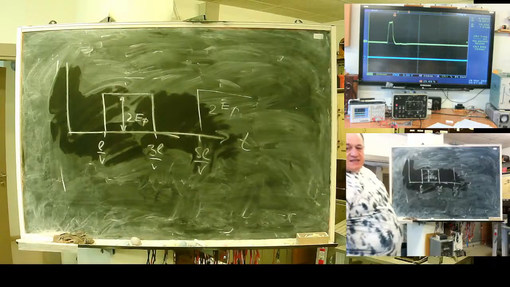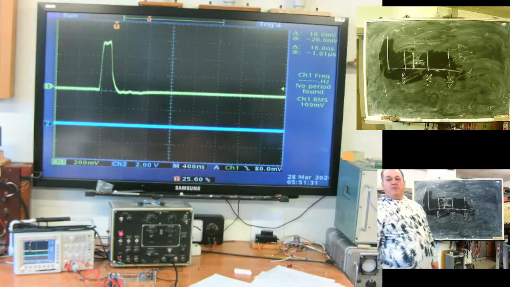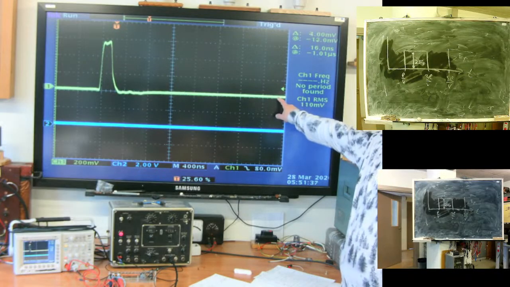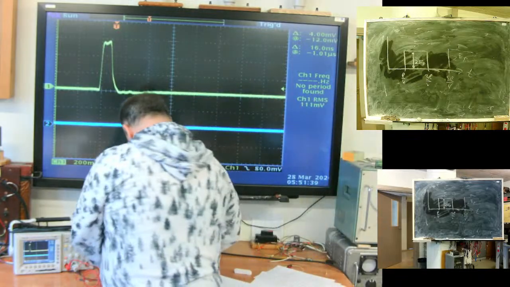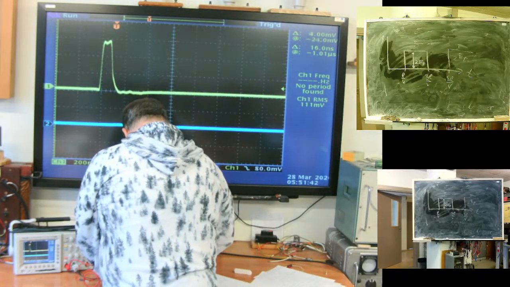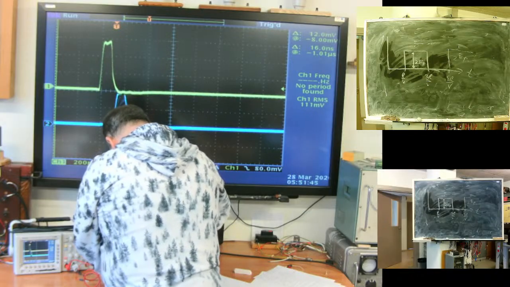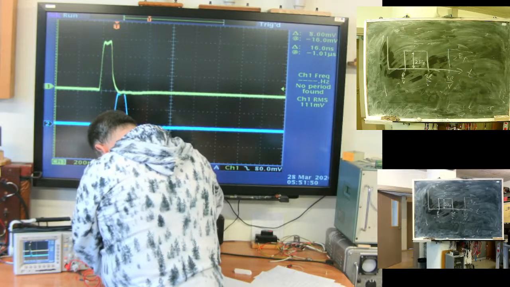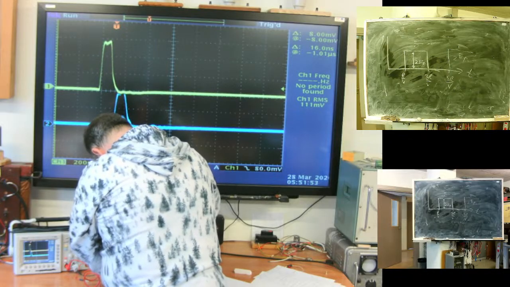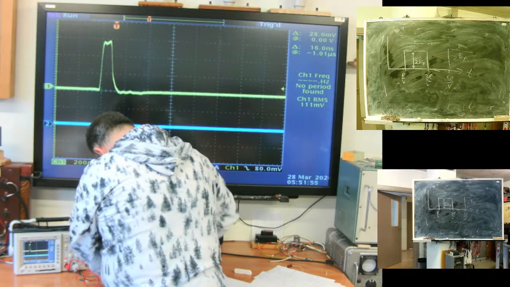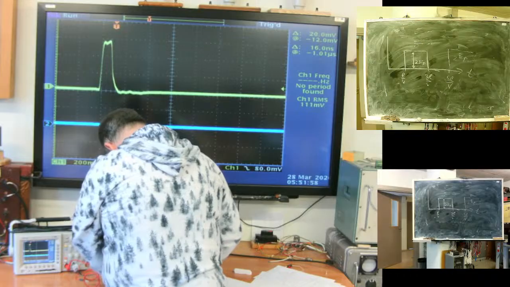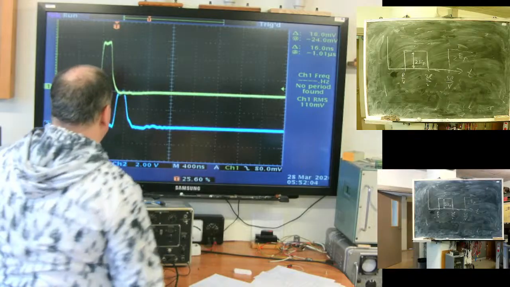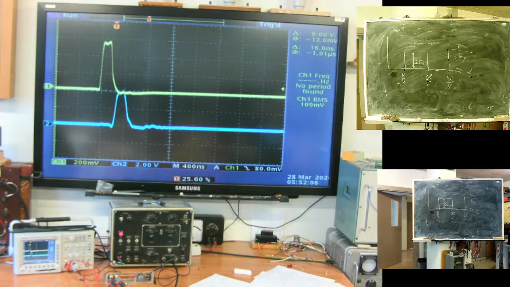The yellow line is the sending end of my line. The blue line is the receiving end of my line.